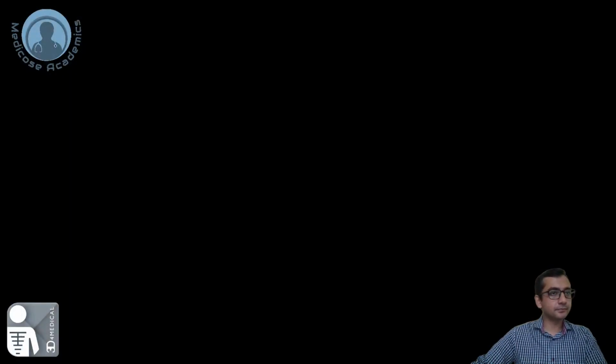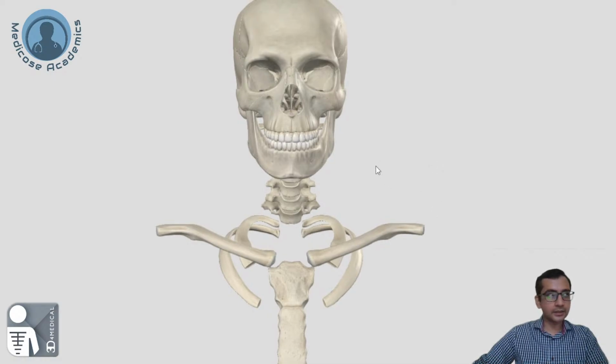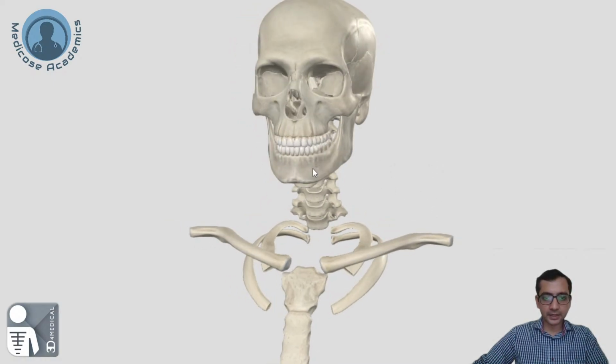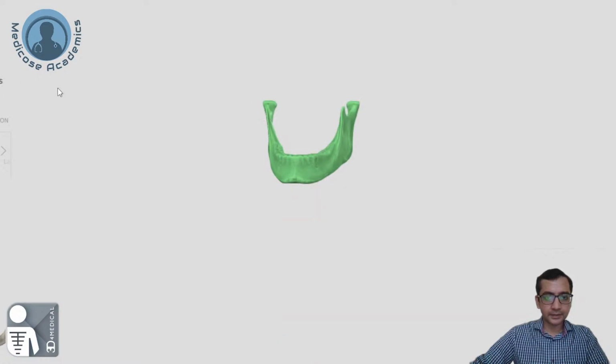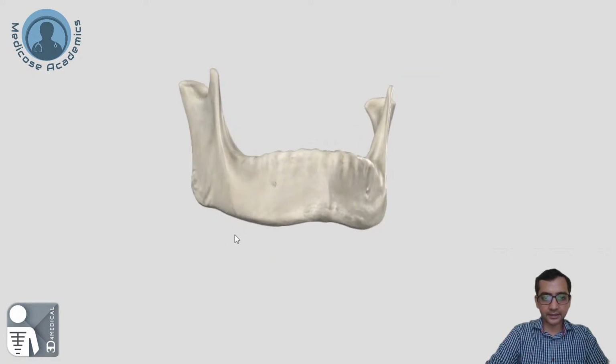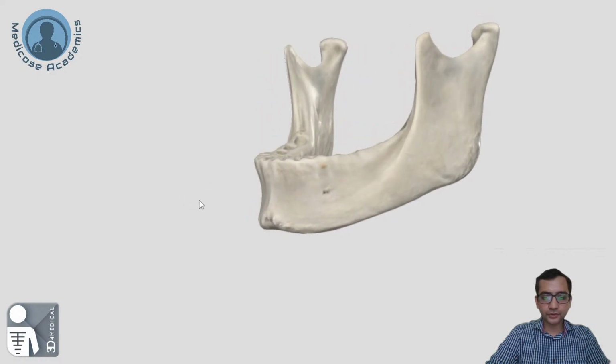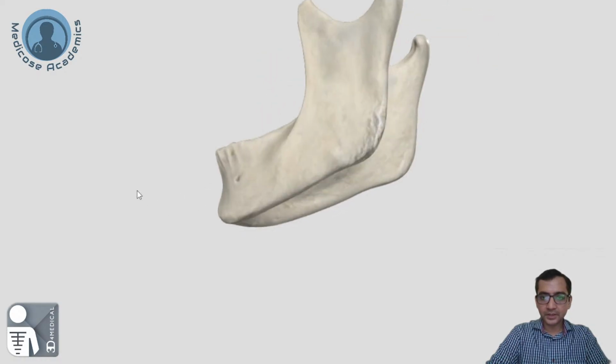Okay, then. Here is the skeleton of the head and neck. Let's isolate the mandible. We have selected the mandible, and let's remove all the other bones. So you are left with this mandible neat and clean. Mandible consists of two parts basically.